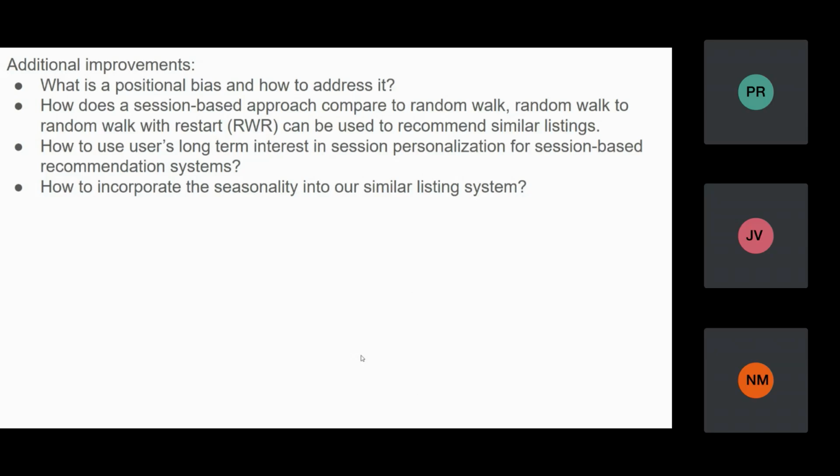Positional bias is basically, let's say you are surfing through Netflix, the first search in Netflix is considered to be the only correct search. So this is what positional bias means, and how to address it. These are the kind of topics that can be used to improve the feature further.